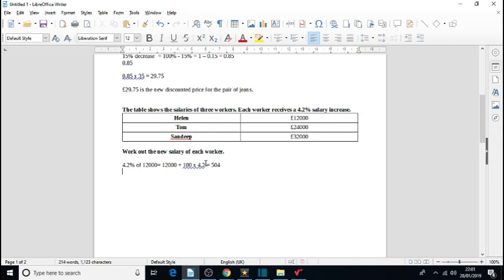And then we add that 504. So let's actually specify who this is. Helen, 504. Tom, let's just work out how much the 4.2% increases. Then we can add it onto the top of their salaries at the end. So for Tom, 4.2% of 24,000.